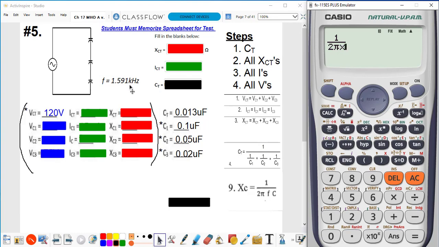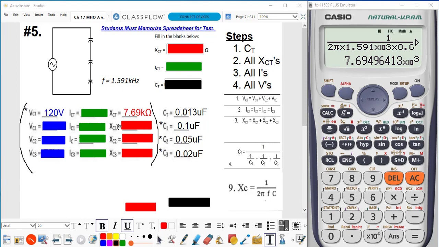When we punch it in, make sure that you make it kilo. So 1.591 times 10 to the third times our total capacitance of 0.013 times 10 to the negative 6. We hit engineering and it shows us that it's 7.69.